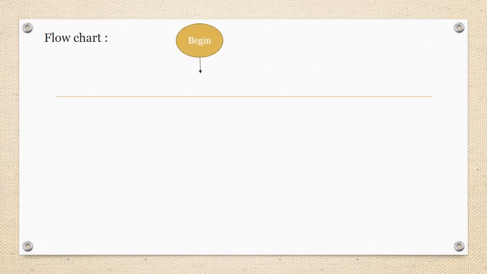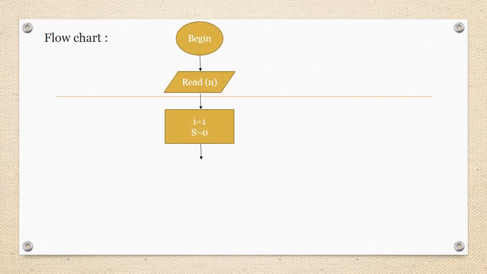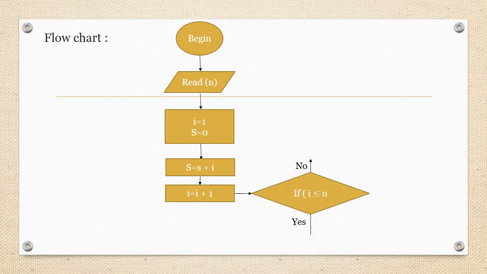Here's the flowchart. Begin, read n. We give primary values to both variables. We just sum it with our variable for summation. And here we change the counter's value. Here we have the condition.